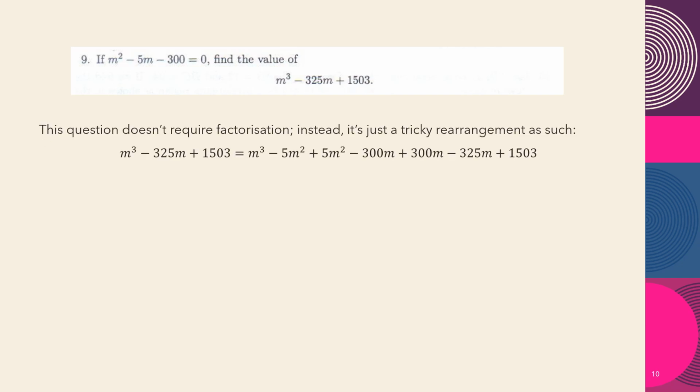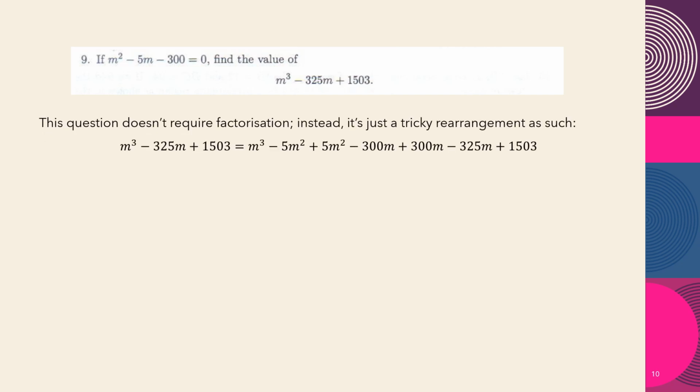Not really factorize, but rearrange. Apologies for the mistake. The main idea is that we add terms that cancel each other out, and then group them with something else. You'll probably get the hang of it as I go through.